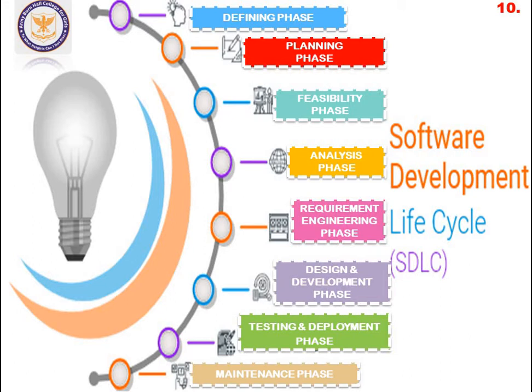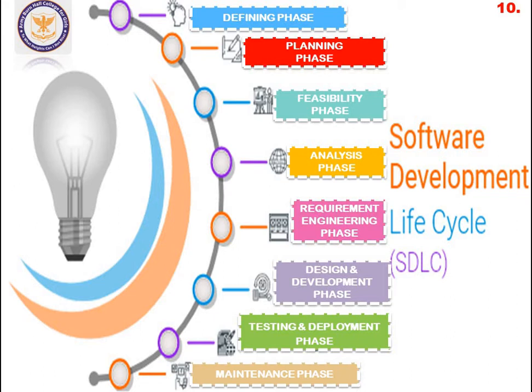They would propose certain models, and one suitable model and one suitable roadmap in order to develop that proposed system or software. And at the end of this phase they would produce a deliverable, a software requirement specification document.